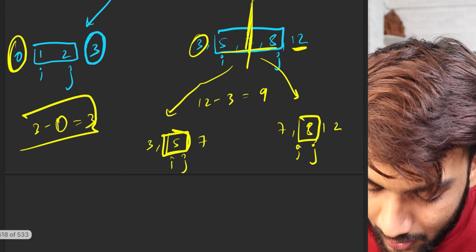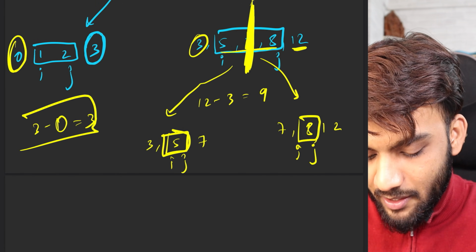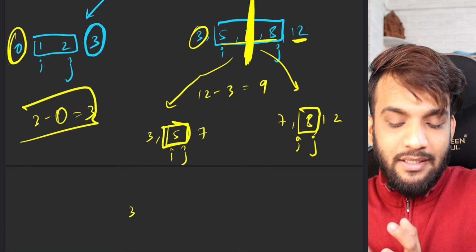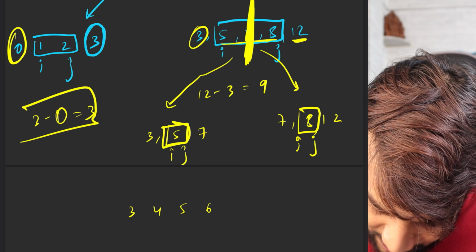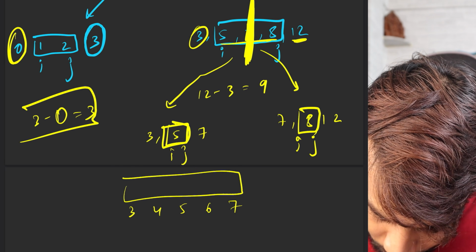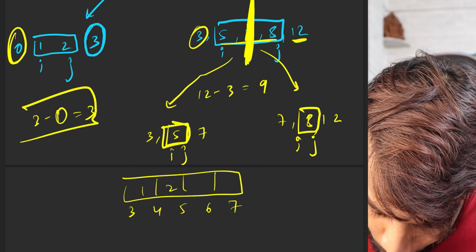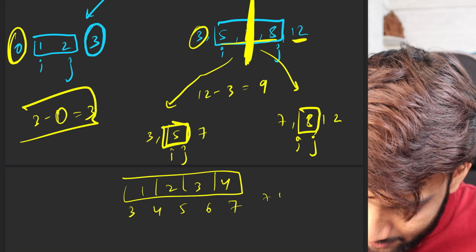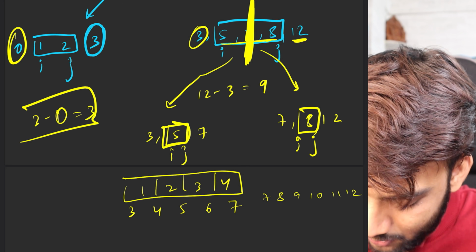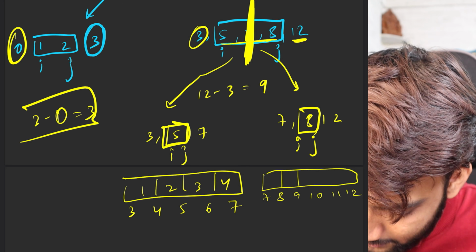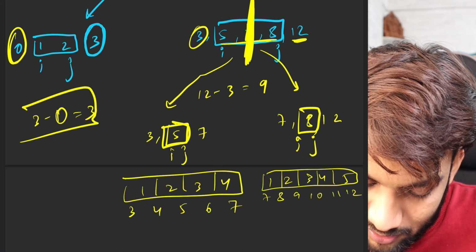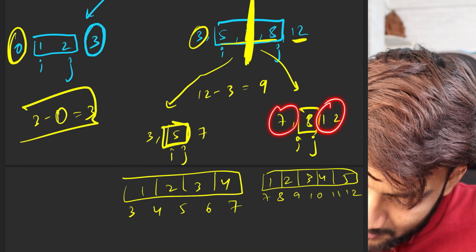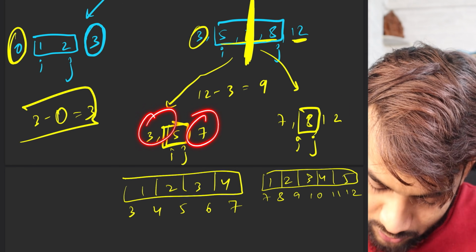Now if you're doing a cut at 7, you are hypothetically left with 3, 4, 5, 6, 7, which is a length of 4 and this is 7, 8, 9, 10, 11, 12. So just write it across 7, 8, 9, 10, 11, 12. 1, 2, 3, 4, 5. So again if you see, 12 minus 7 gives you the length 5. 7 minus 3 gives you the length 4.